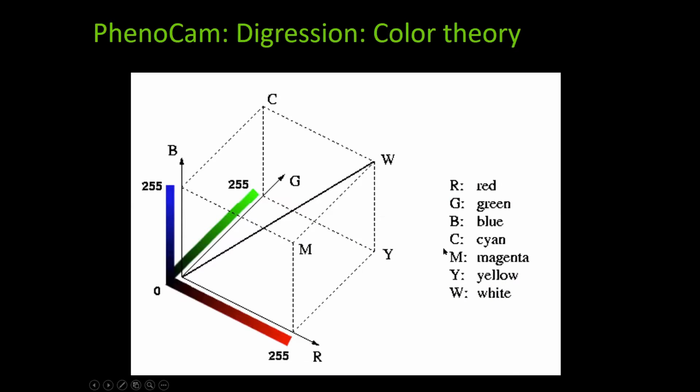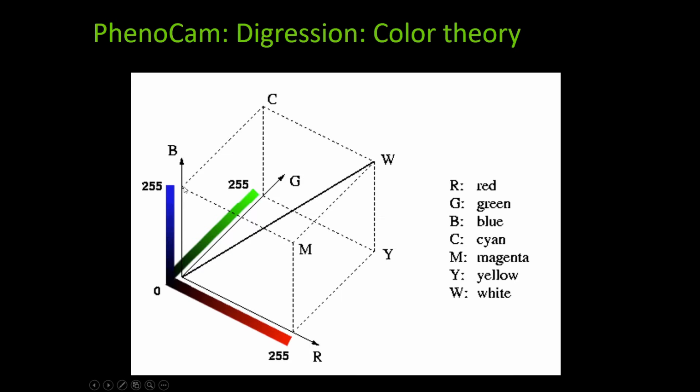So we had to find something else to detect the colors, and I will give you just a short digression in color theory. Perhaps you know the color cube. There is, at this point, full red, here is full green, and here is full blue.